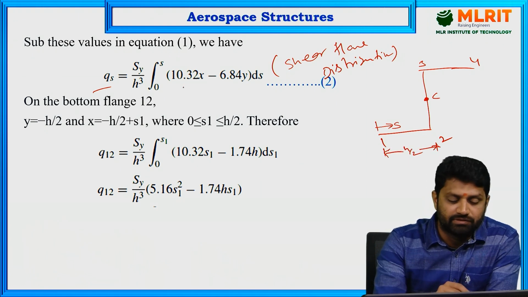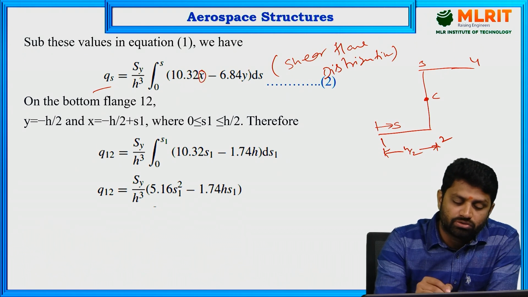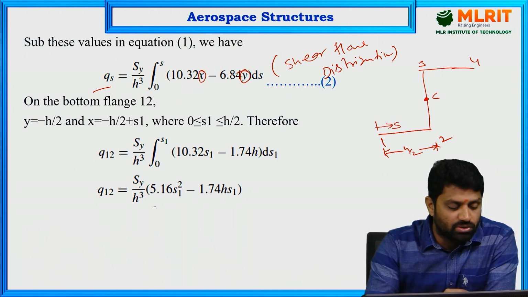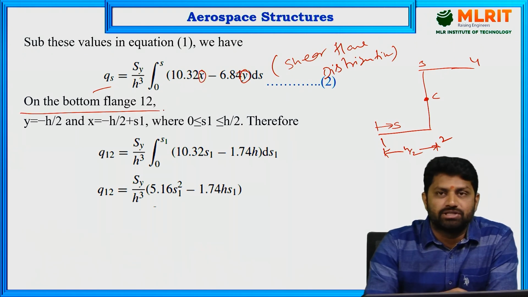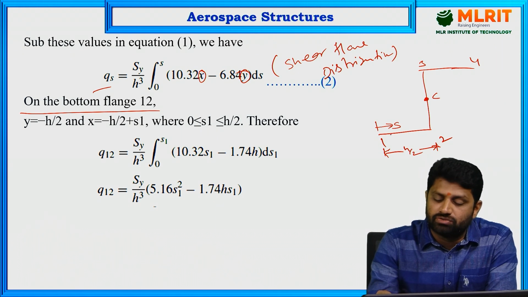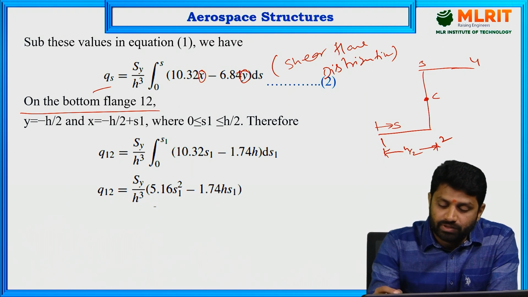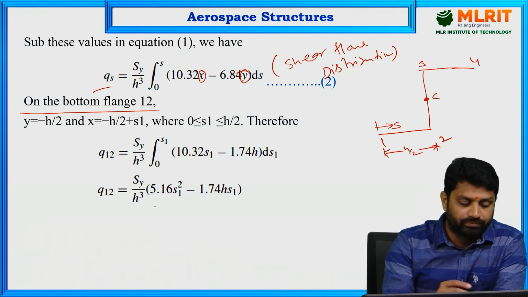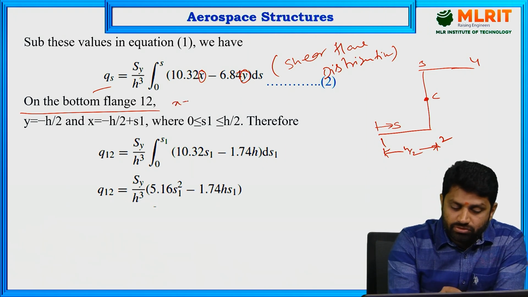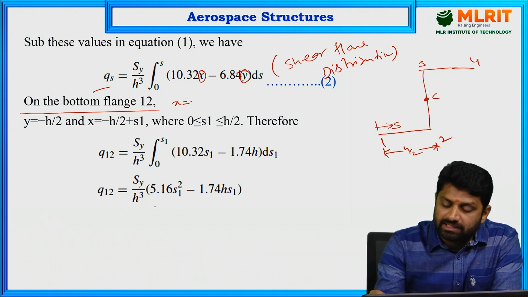So this is the equation. That means you should know what to substitute for x and y. So first you are considering the bottom flange 1 2, in which you assumed the distribution as s here. And now what to substitute? So for flange 1 2, what is to be substituted for x? X is nothing but the distance you have to measure from the centroid.